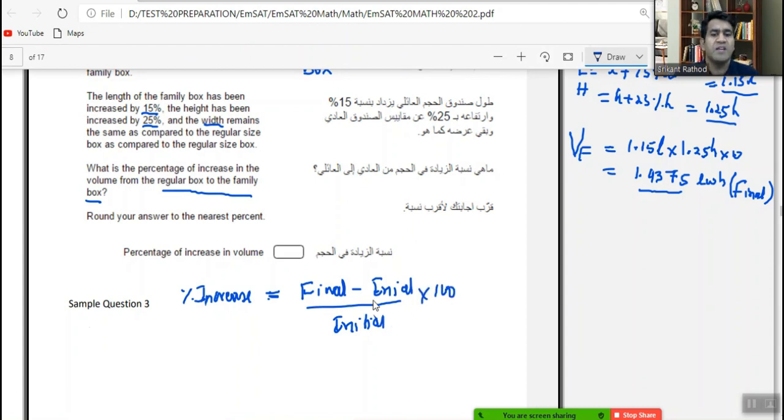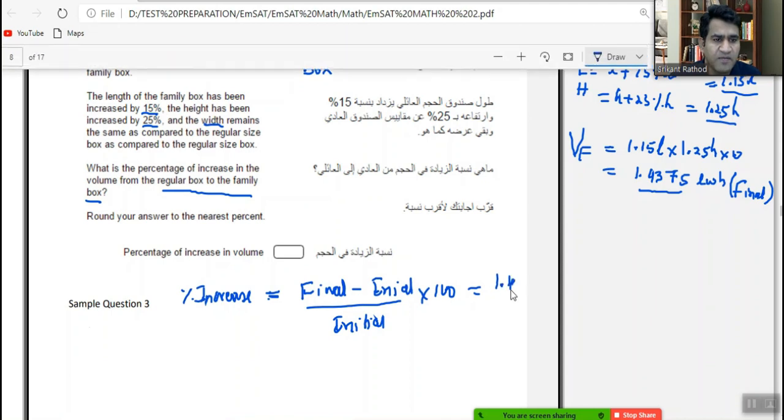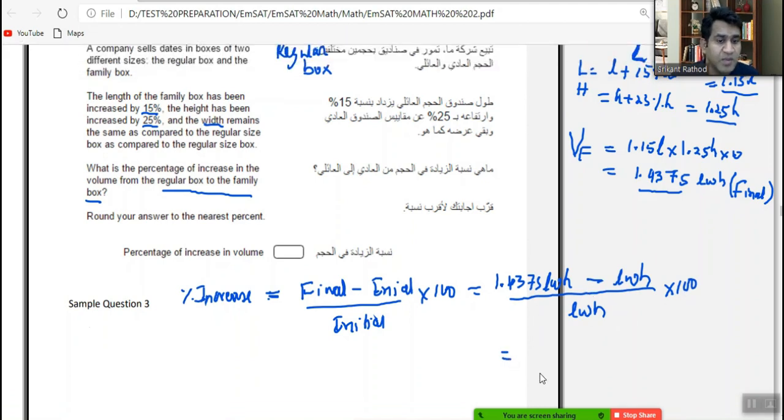So you might be getting confused here without knowing any number, how do I get it? So this is how we do. What is the final value here? Final value is 1.4375 times LW into H, minus initial value, which is length into width into height, divided by the initial value, length into width into height, into 100, right? So what common can you take from the numerator?